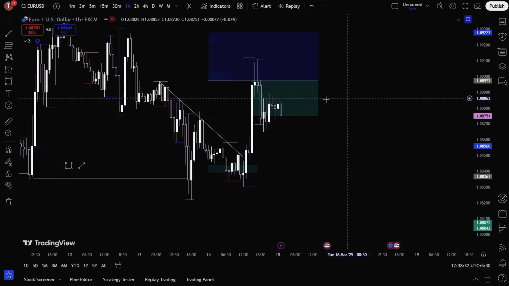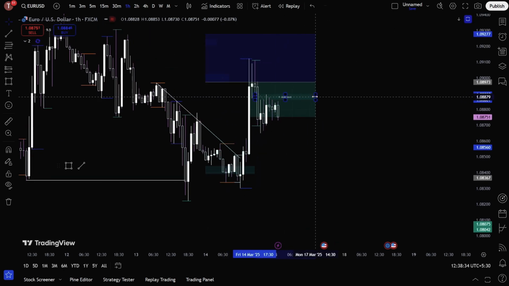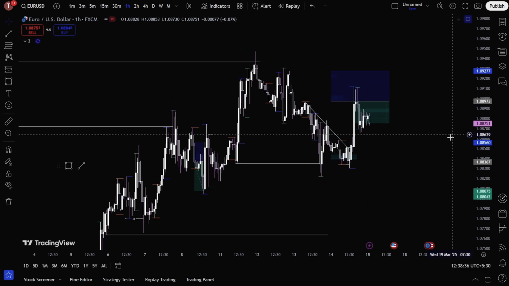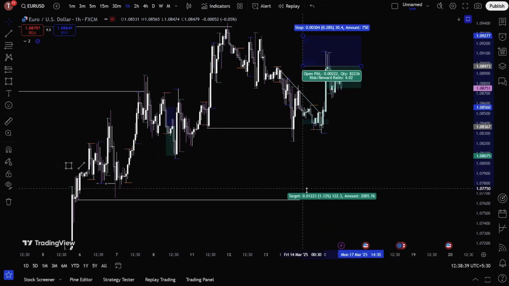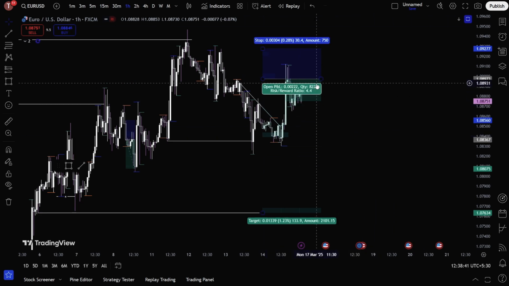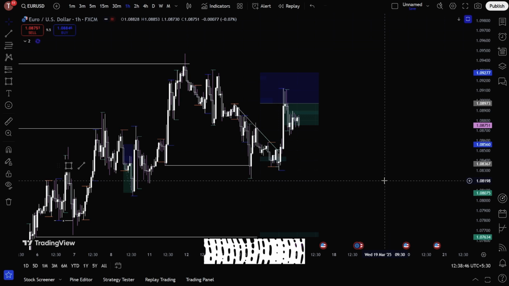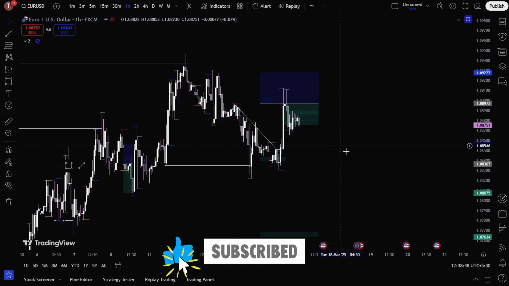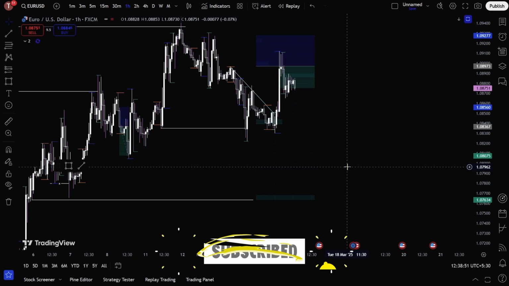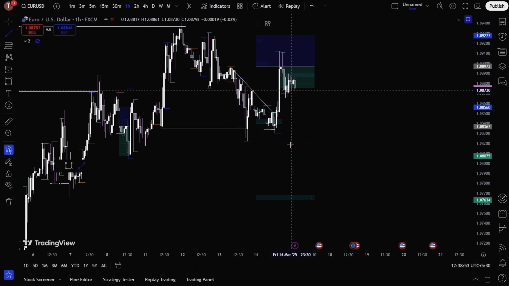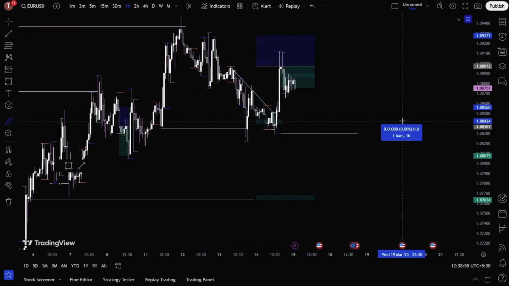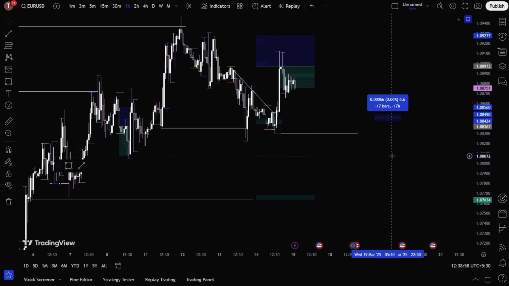The price is still maintaining, and I'm anticipating that most likely we are going to go all the way down till this level, but this won't be happening in just one go. So I'm going to keep this order and take my partials with each and every external liquidity being taken. So this is my weekly trade idea, and some of the concepts of smart money concepts.